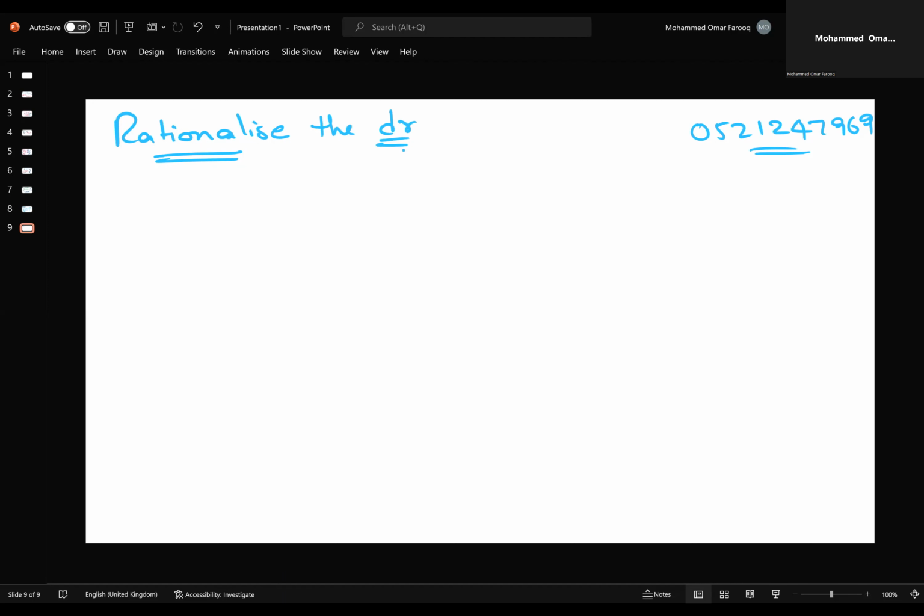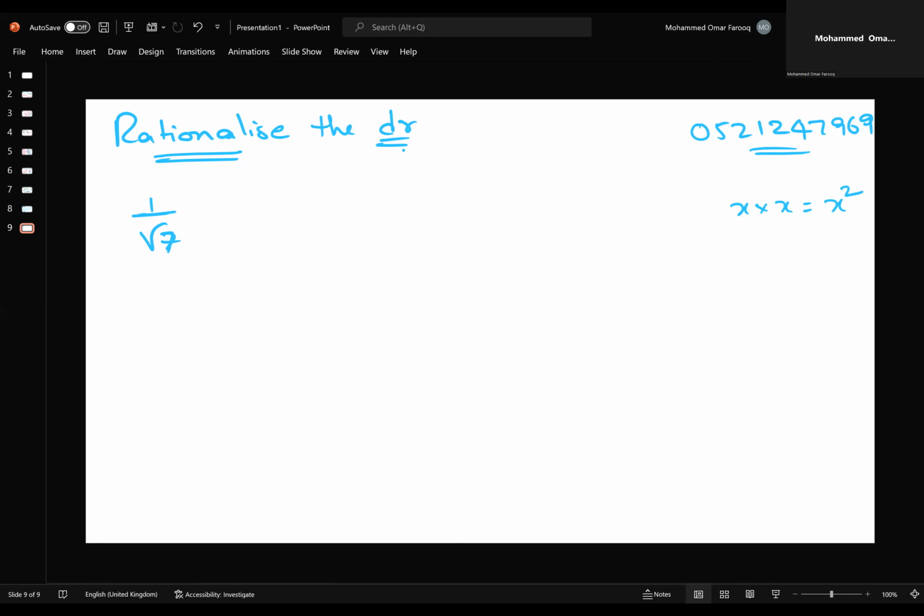For example, in a textbook problem, if you have 1 by root 7, how will you rationalize the denominator? We have already studied that x into x is x square, not 2x.